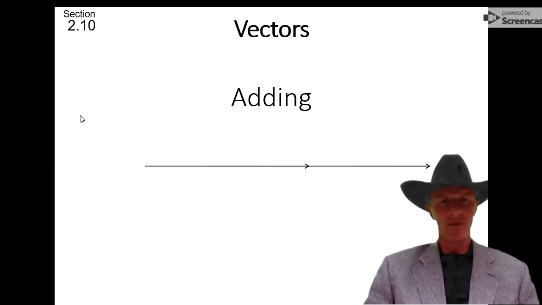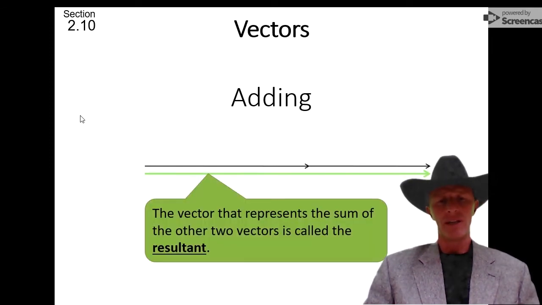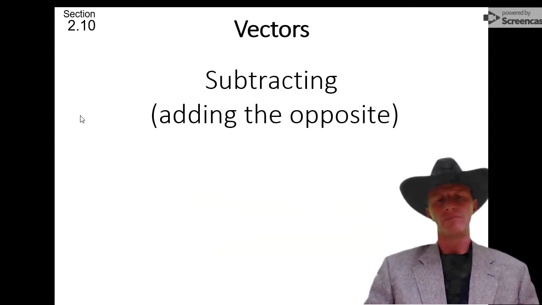And if we did that with one-dimensional addition, we would draw a line right over top. So we drop down a little bit for one-dimensional vector addition. The resultant is defined to be the sum of the two vectors.